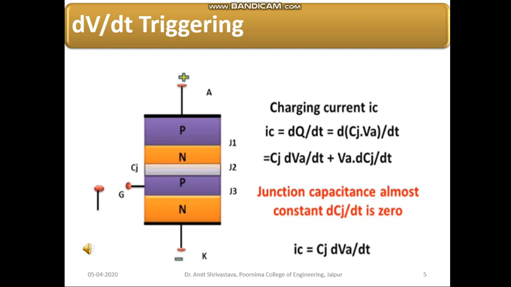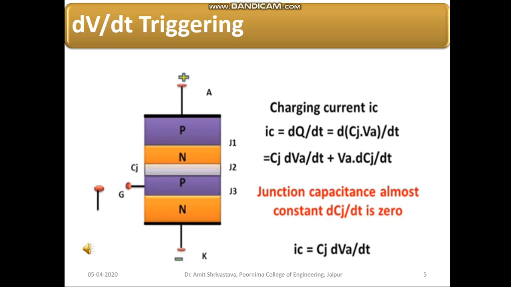The next method is dV by dt triggering. In this method, with forward voltage across the anode and cathode of the thyristor, the two outer junctions J1 and J3 are forward biased, but inner junction J2 is reverse biased.